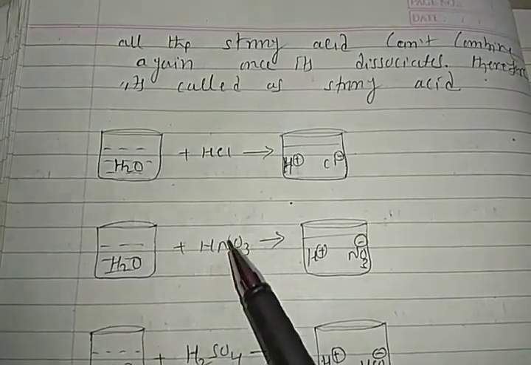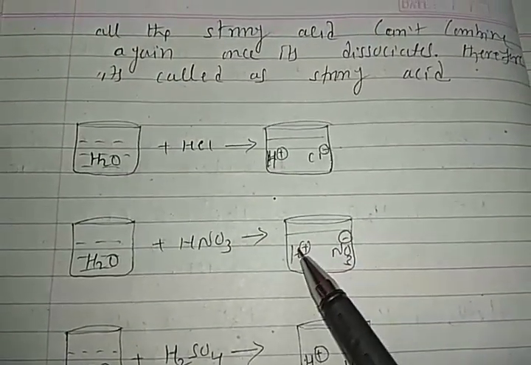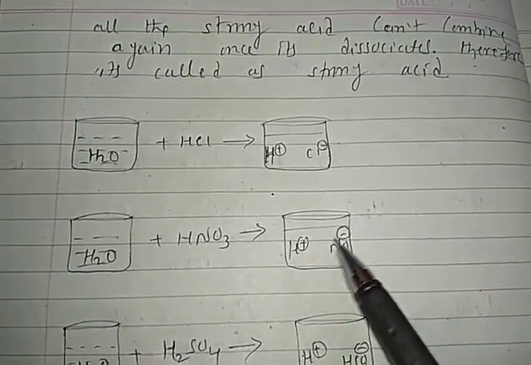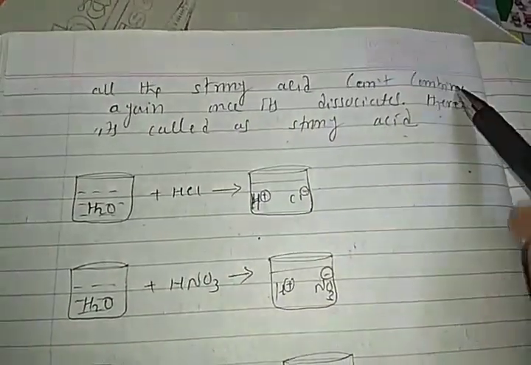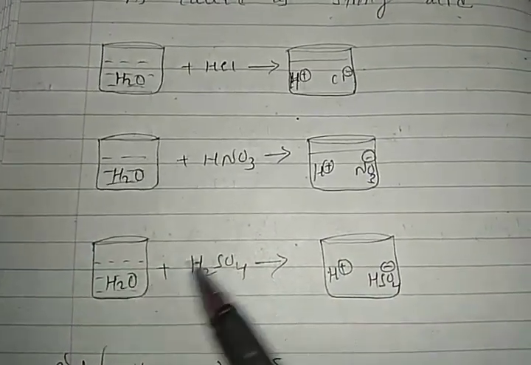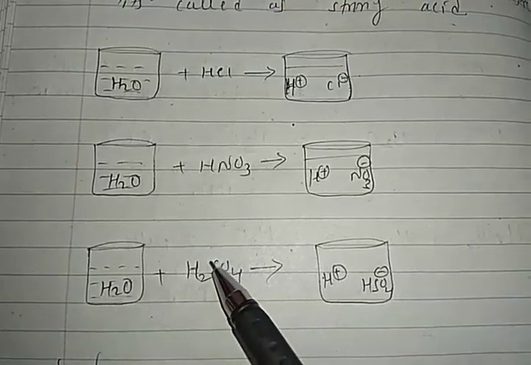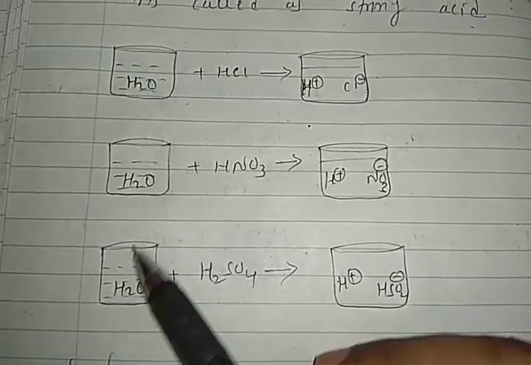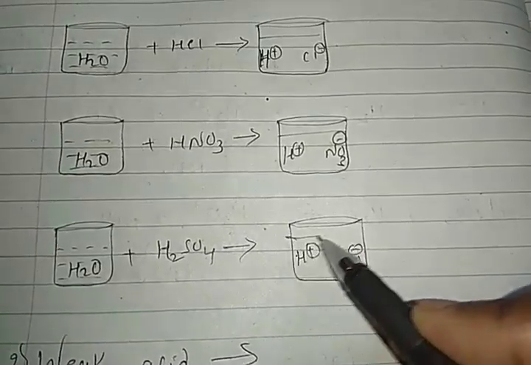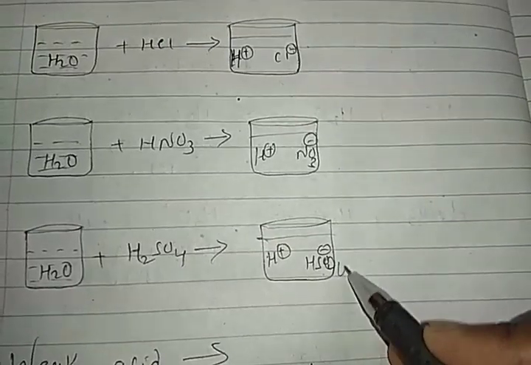Similarly, when HNO3 is added into water, it forms H+ and NO3-. After formation of ions, these ions cannot combine with each other, so it is called a strong acid. The acid cannot combine once it dissociates. When H2SO4 is added to water, it forms H+ and HSO4-.